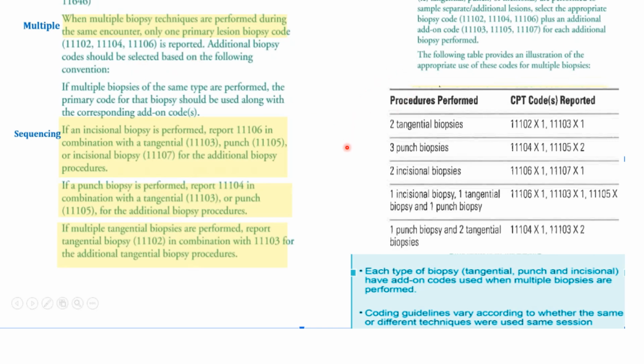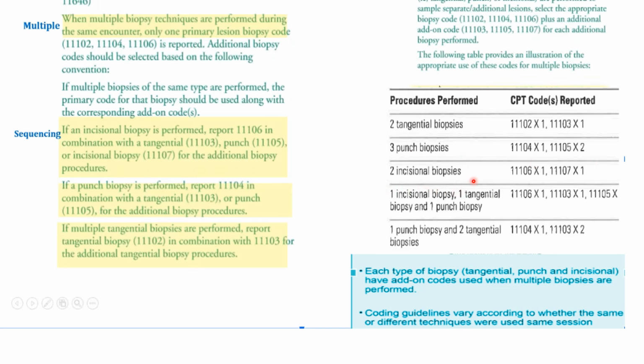Now pay attention to this chart, because it is very important and explains how we code it. Suppose in our patient we have done two tangential biopsies, then we code the primary code for the first and the add-on code for the second tangential biopsy. Suppose three punch biopsies are done, then we write the primary code and two add-on codes.